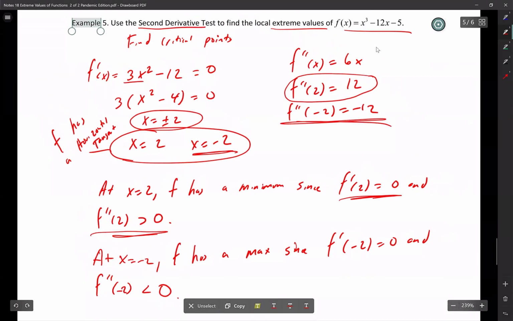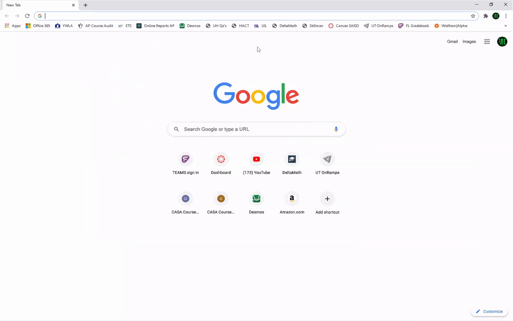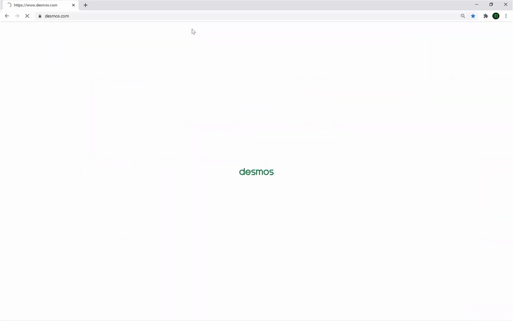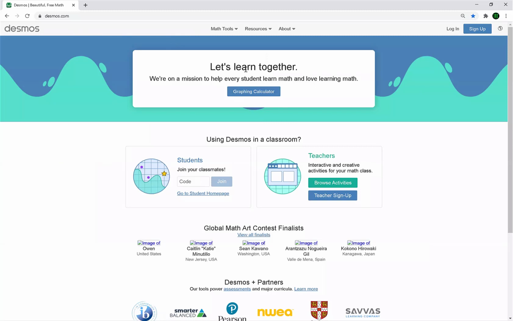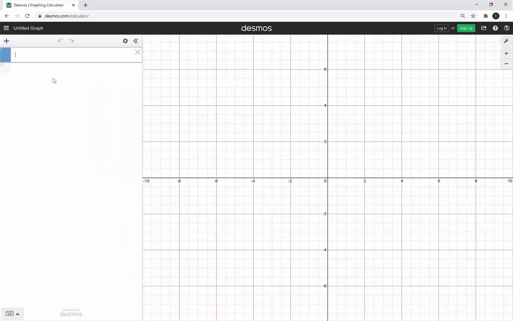Let's check. I'm going to use Desmos to check to see if that's true, guys. So here's Desmos. I already forgot my function.